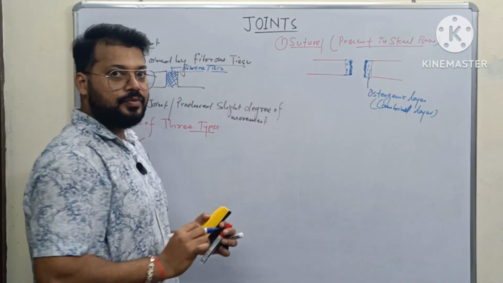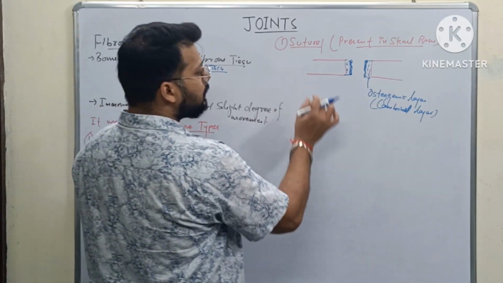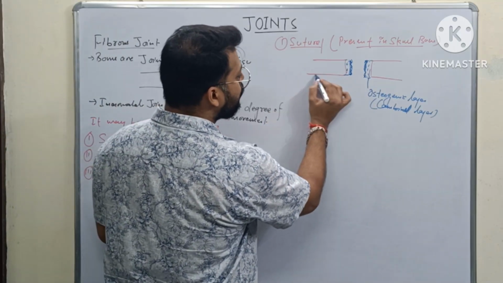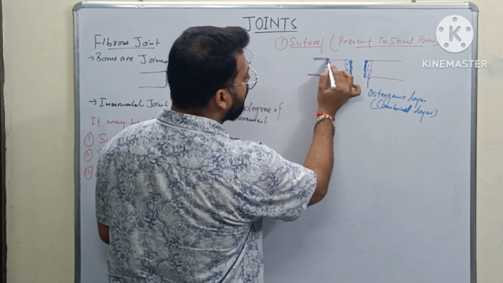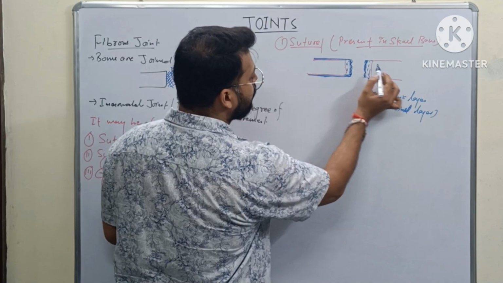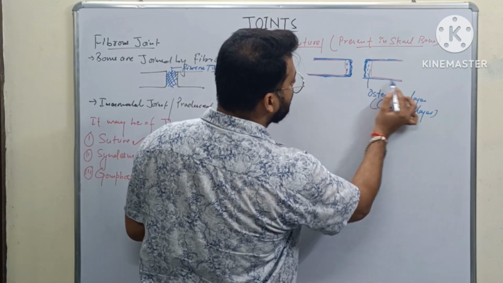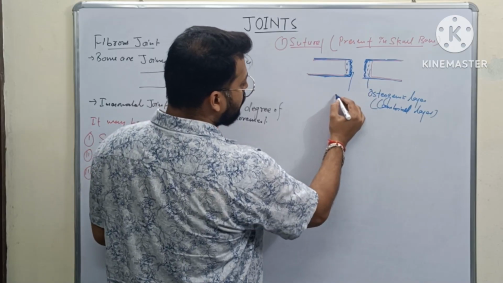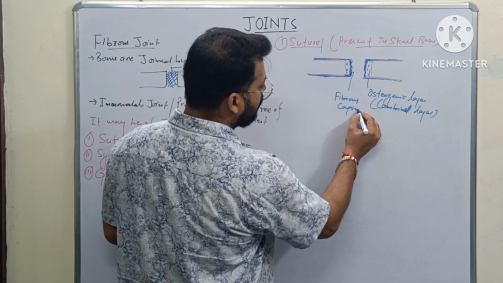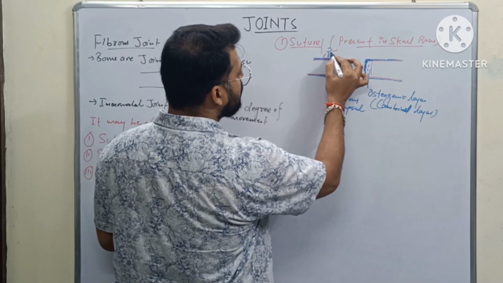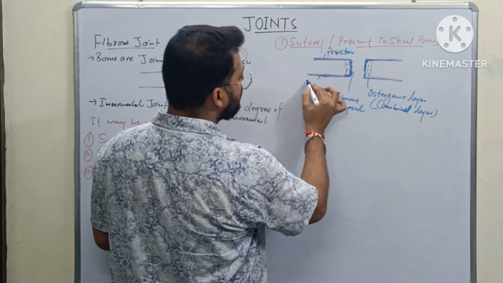This is not a true capsule, which we see in synovial joint, but it looks like a capsule, and it is formed by the continuation of the periosteum and endosteum. This is the fibrous capsule. This is periosteum, and this is endosteum.